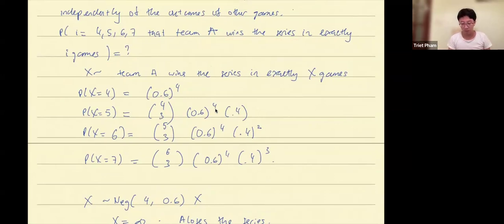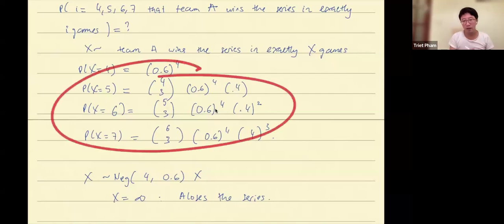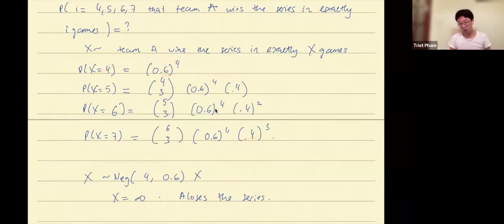So in that sense, I'm not sure if 0 is a more appropriate thing to put here, but A wins the series with 0 games, not sure what that means. But there must be a part where A loses the series. What that means is that this is like a negative binomial, but not a negative binomial random variable.